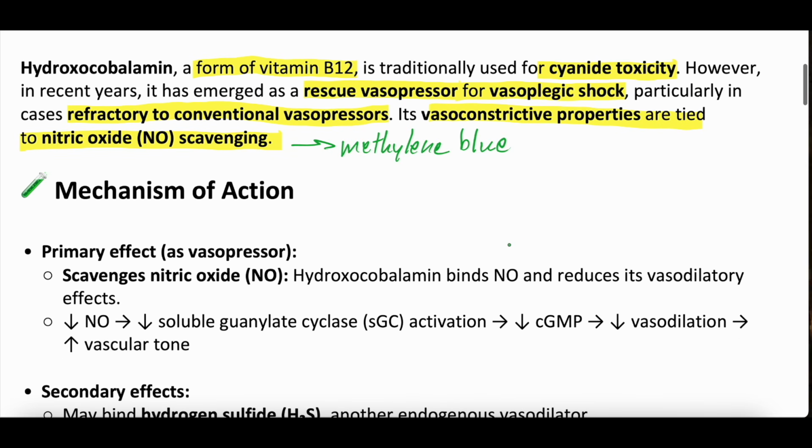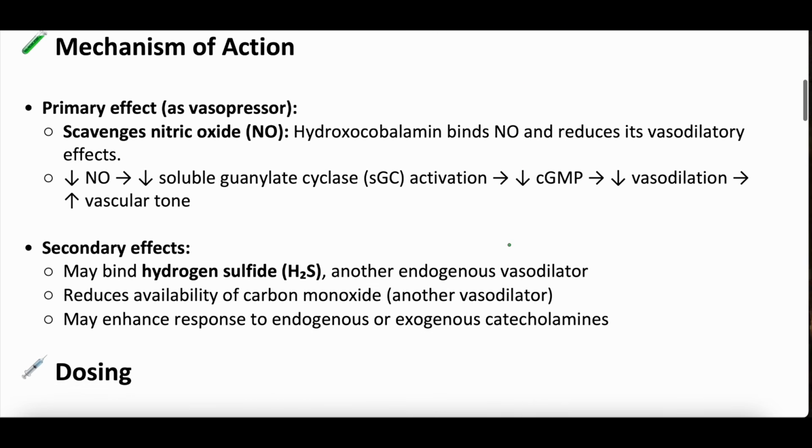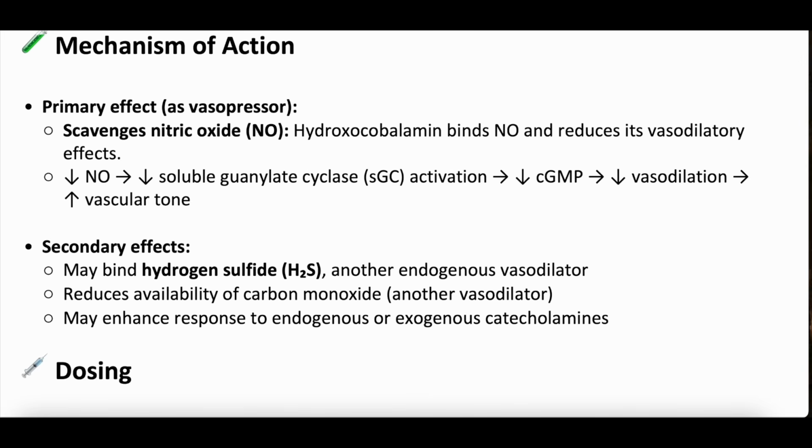So diving into the particular mechanism of action of hydroxocobalamin, its primary effect as a vasopressor is through the scavenging of nitric oxide. So nitric oxide binds and causes vasodilation. So nitric oxide as a molecule causes vasodilation.